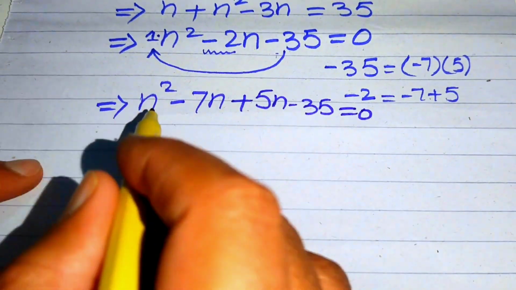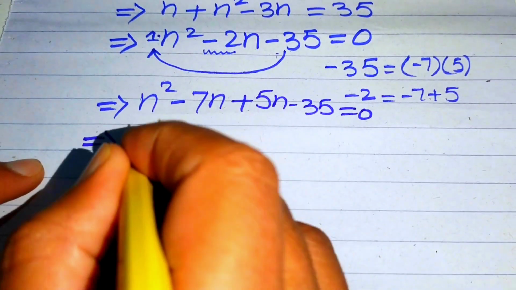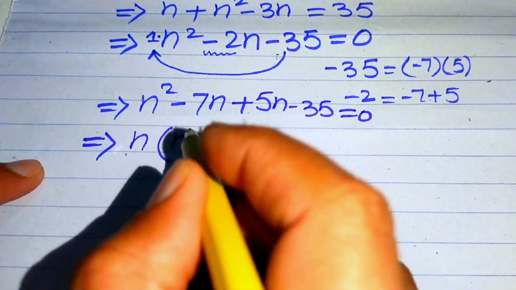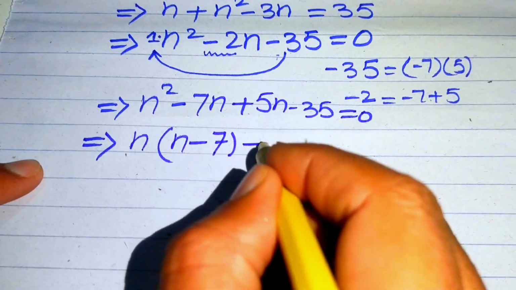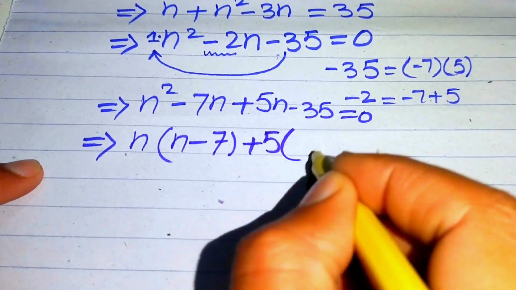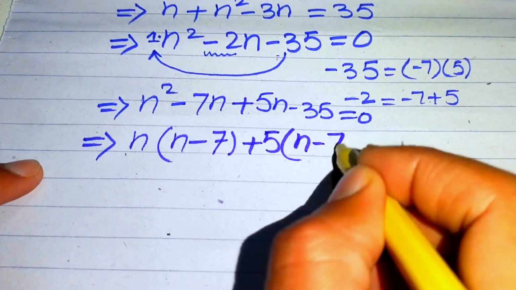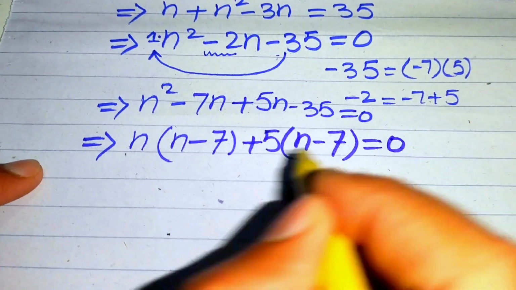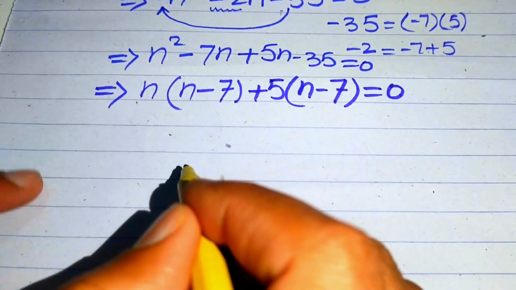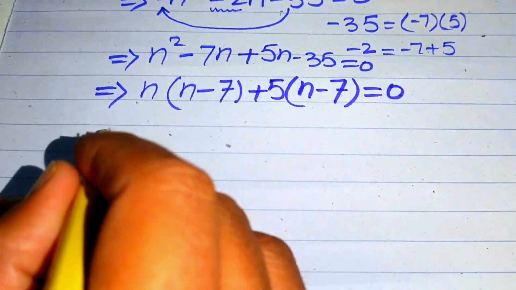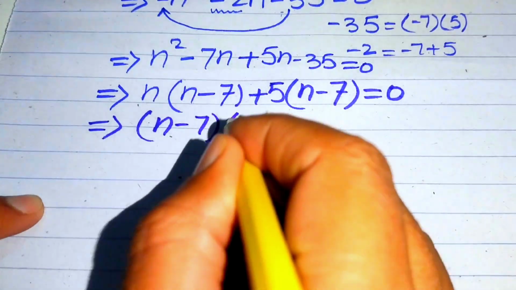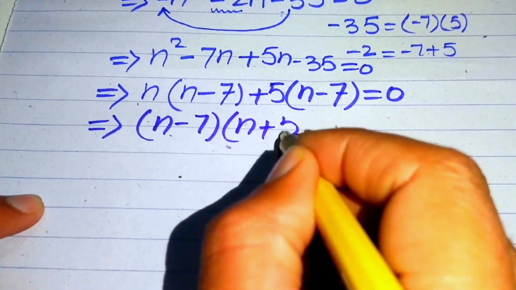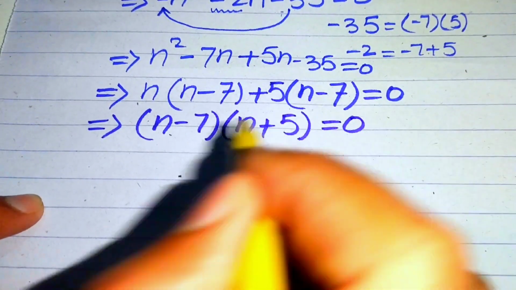In the next step we take n common from the first two terms and we get n minus 7, and from the last two terms we take plus 5 common and we get n minus 7, and the whole thing equals 0. In both of these we take n minus 7 common and we get n minus 7 times n plus 5 equals 0.